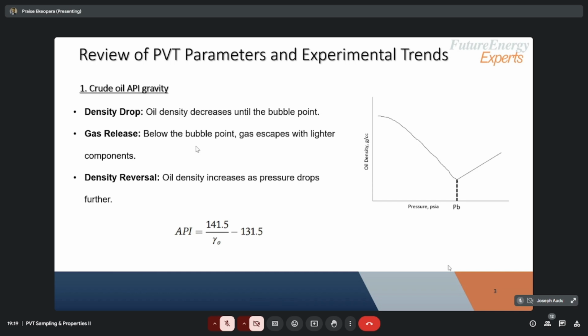That's exactly how we try to understand our oil. We want to know its density. So when we have the weight of our crude oil sample divided by the volume, then we can estimate the density.